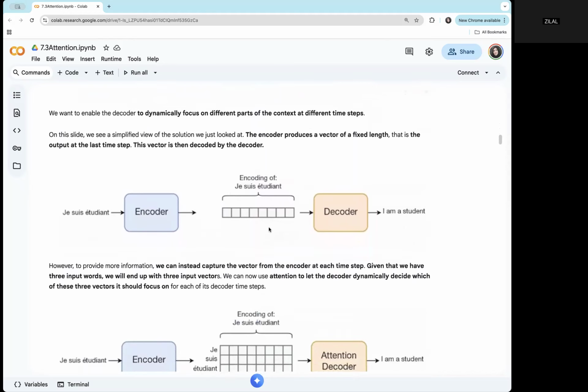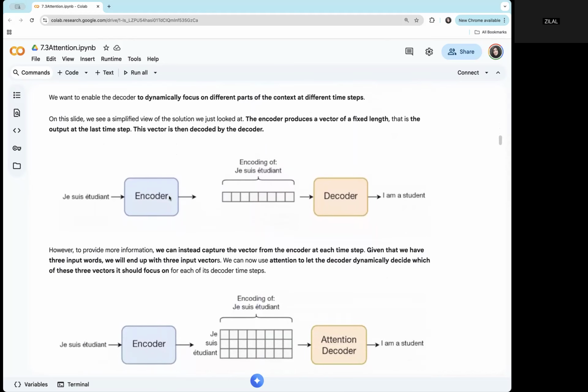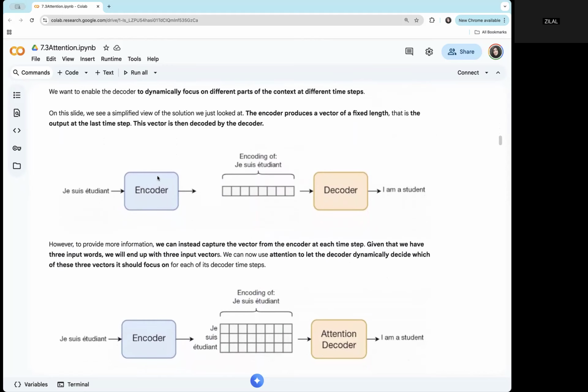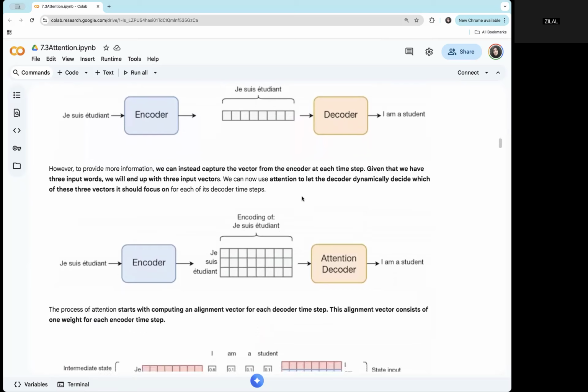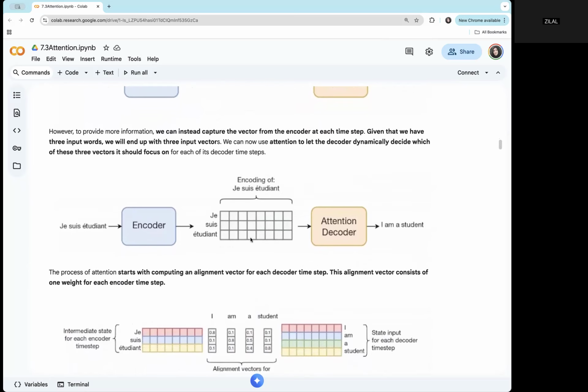So in this slide, we see a simplified view of the solution we just looked at. The encoder produces a vector of a fixed length that is the output at the last time step. The vector is then decoded by the decoder. However, to provide more information, we can instead capture the vector from the encoder at each time step.